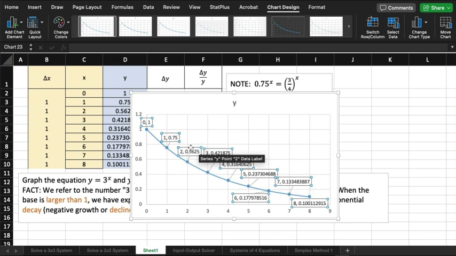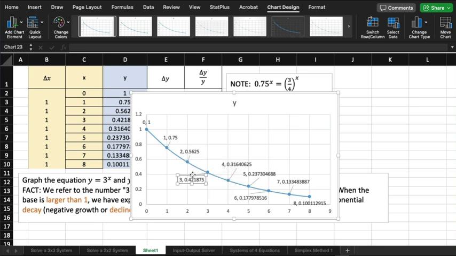So once these points start to get kind of close together, we can move them around, the labels, that is, move these labels so that they're not bumping into each other so much. I'm going to move this one below.